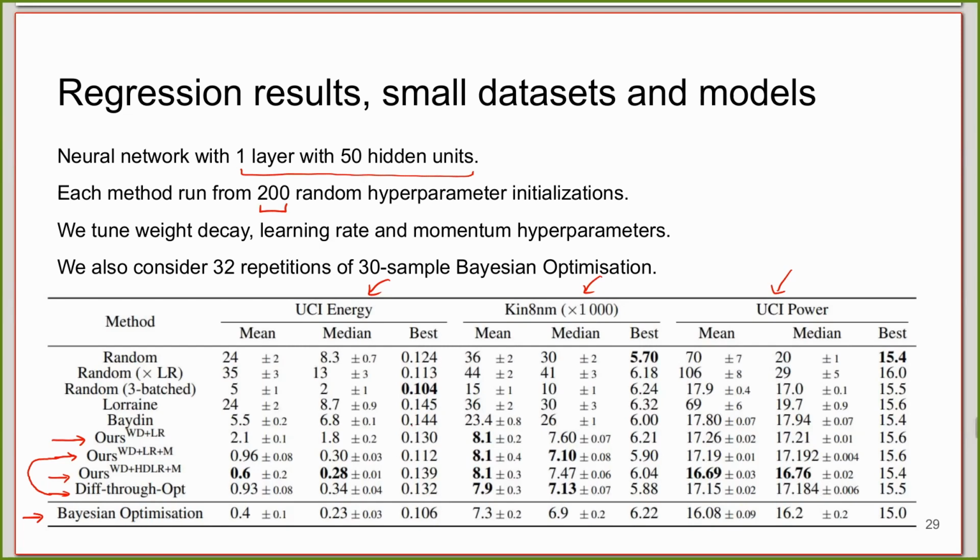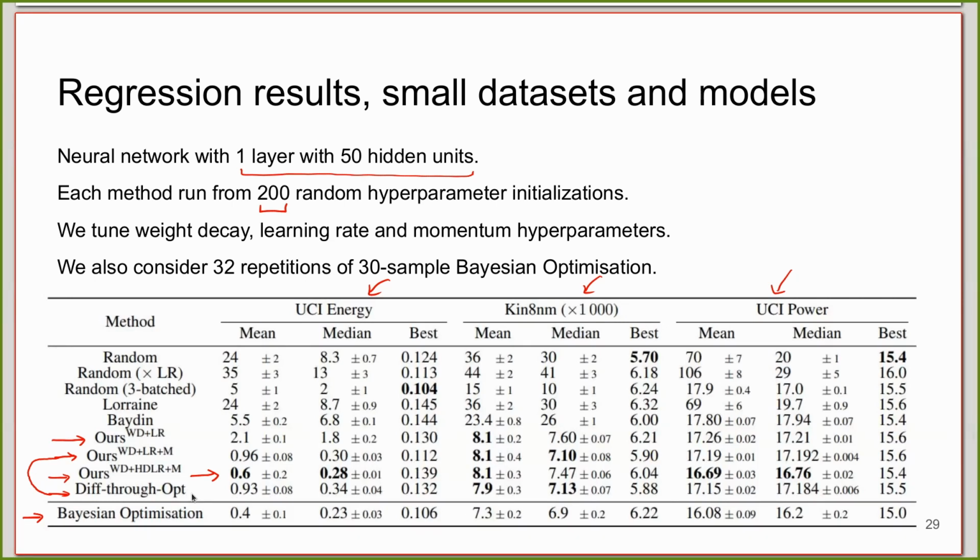Obviously, base-off does very well because it's just exhaustive brute force optimization. But we see that here, when we tune all these hyperparameters, we obtain, on average, better results. Yeah, we cannot improve over differentiation through optimization because that method only tunes 1 learning rate.